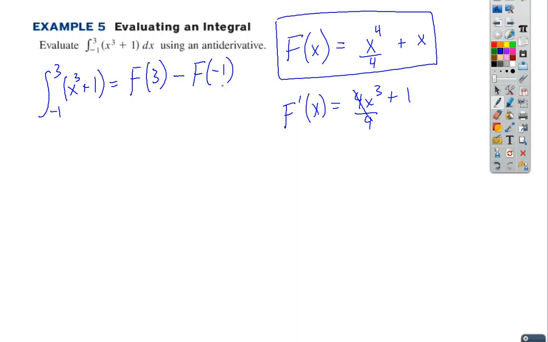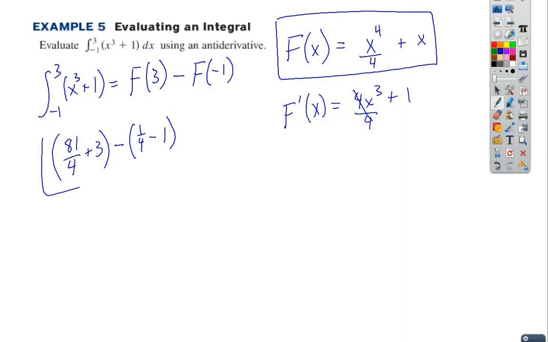So I'll just plug in. Capital F of 3 is going to be 81 over 4 plus 3, minus F of negative 1, which is 1/4 minus 1. And that's my answer, and I can consider that good enough.